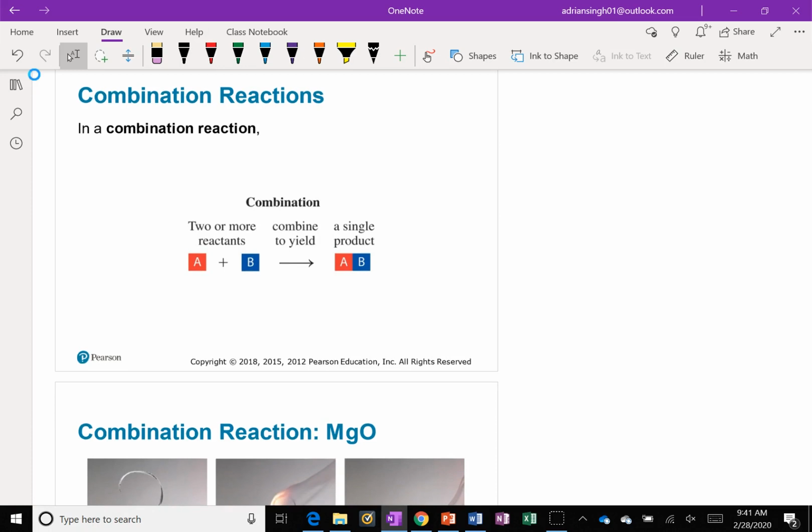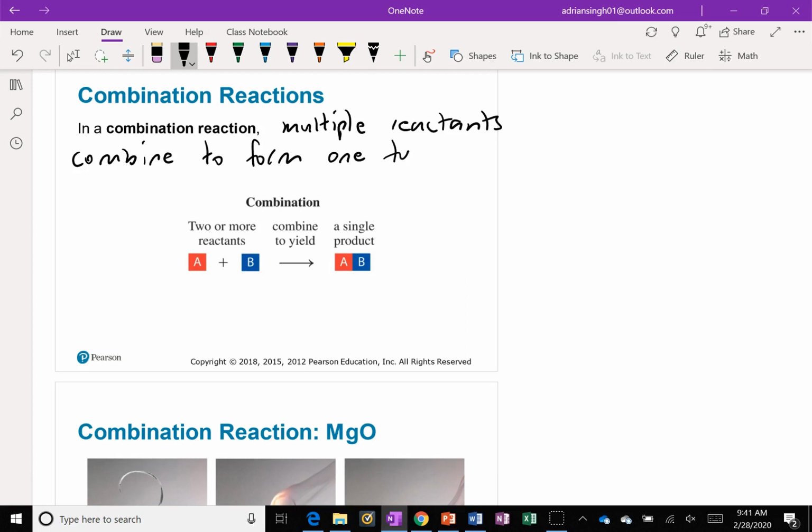In a combination reaction, that's defined by taking multiple reactants and combining them to form typically one type of product.